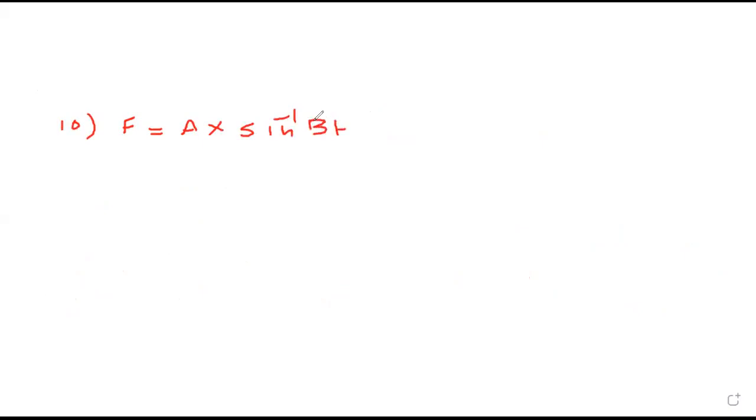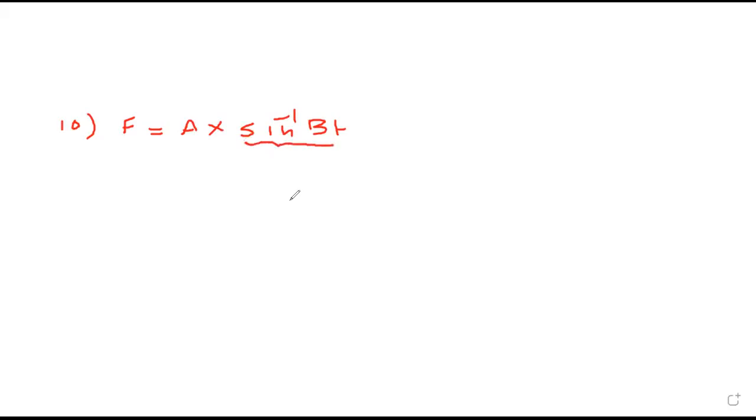F is force, x is displacement, distance, t is time. Then what is dimensionally A B quantity equivalent to? What do they want? Which quantity?